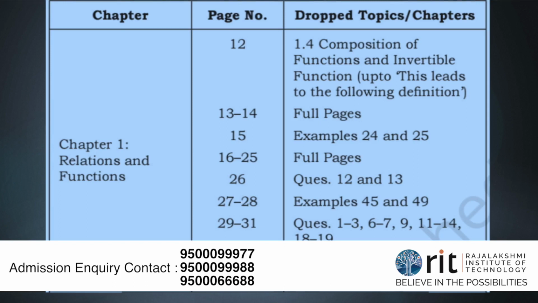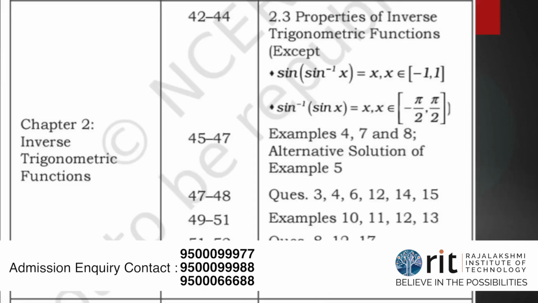Good. Now coming to chapter number 2, page number 42 to 44, all these properties given in 2.3 will not be coming in the examination. Clear? But remember all these properties because they are going to help you in the differentiation and integration part.